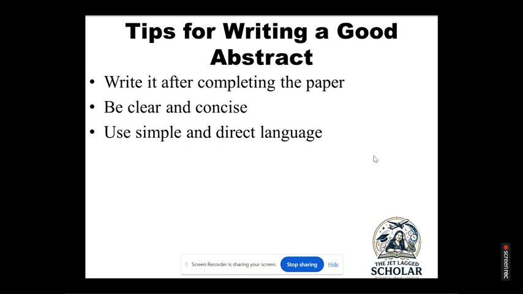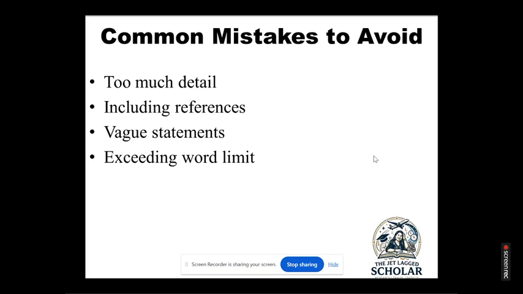Now, coming to the important tips for writing a good abstract. If it is not a preliminary submission, then you may write it after completing the whole paper. It makes it easier to write, and we need to be very clear and concise, using simple and direct language. Then the common mistakes we usually make: the very first one is that we try to include everything of the paper in the abstract.